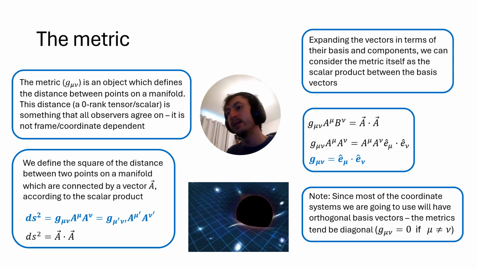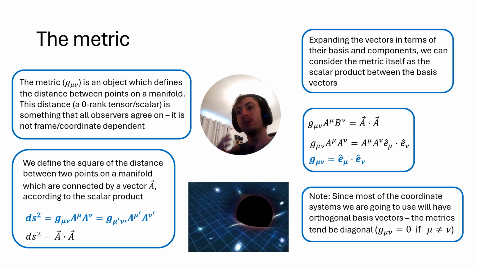Now you might wonder, if general relativity describes curved space-time, do the orthogonal basis vectors, E mu and E nu, remain orthogonal as we go across our manifold, because our manifold is curved?